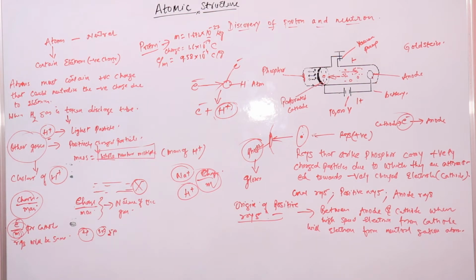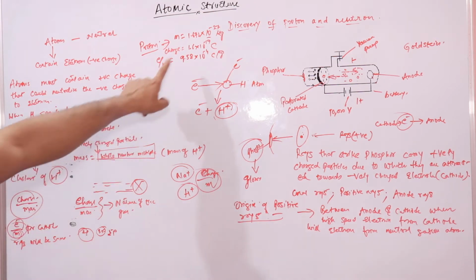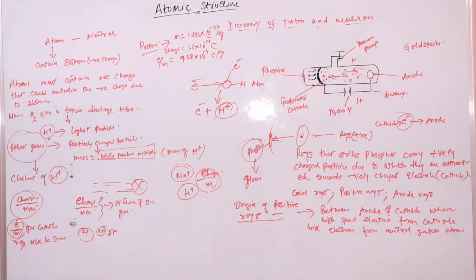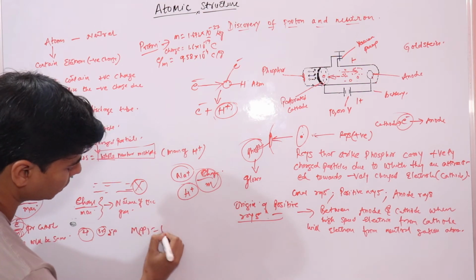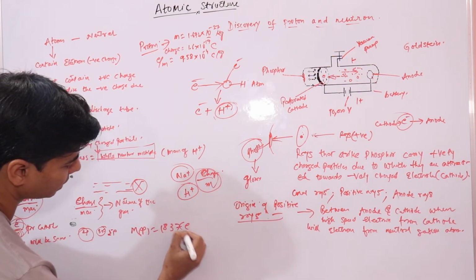We are done with the discovery of the proton. A proton is a subatomic particle having unit positive charge, and its mass is 1.672 × 10^-27 kg, which is about 1837 times the mass of an electron.